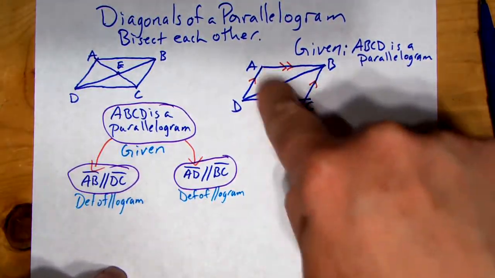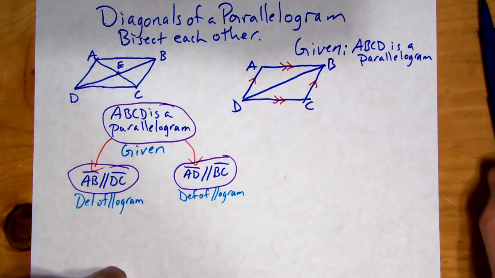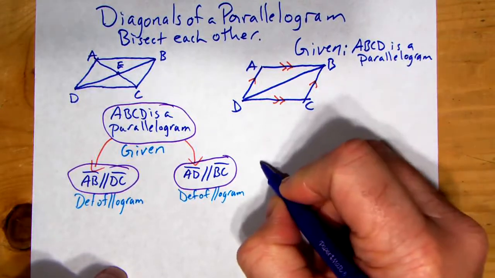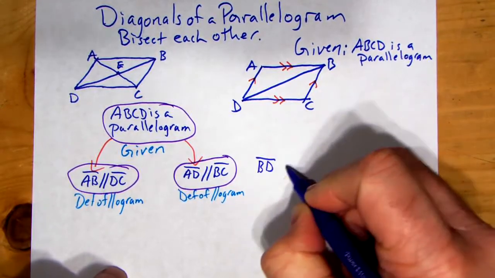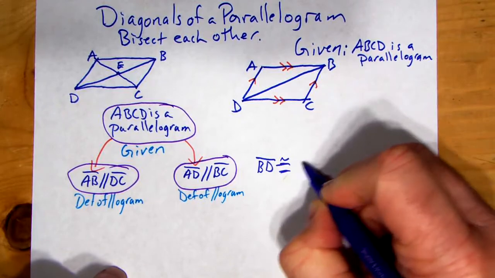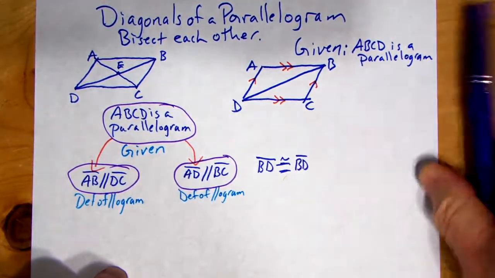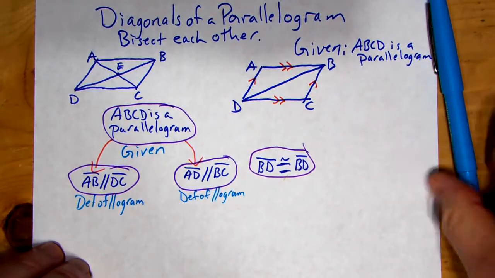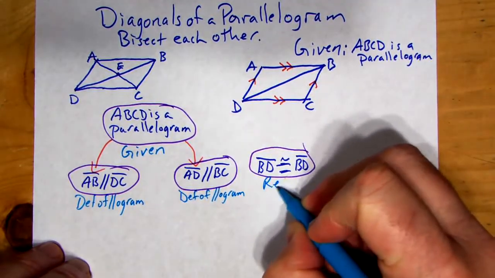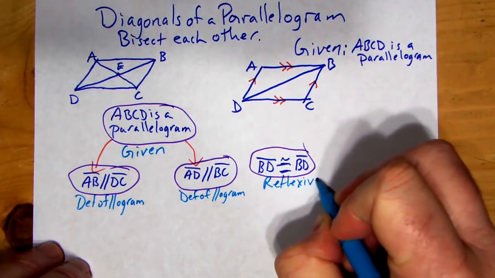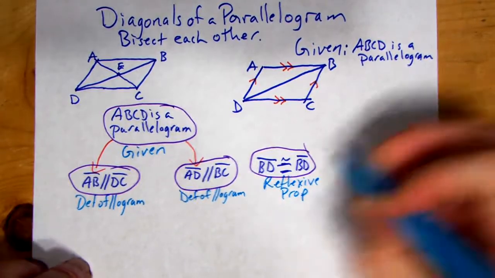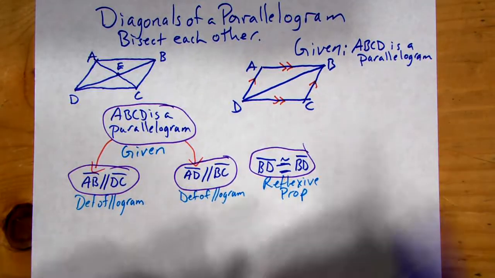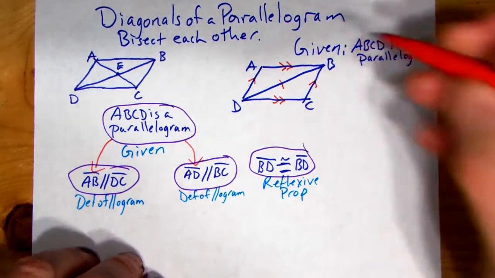And so I'm going to work with these two larger triangles over here. I know that I've got BD drawn in this picture, so BD is congruent to itself. And that will be our reflexive property. That gives me a congruent side.